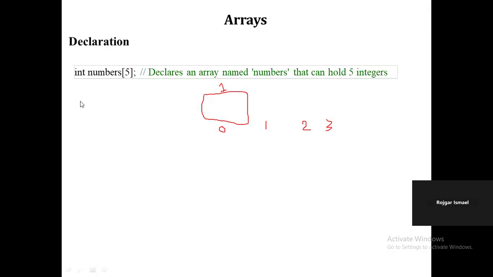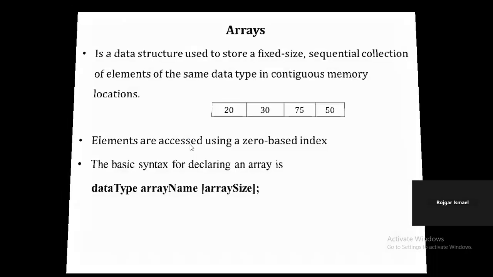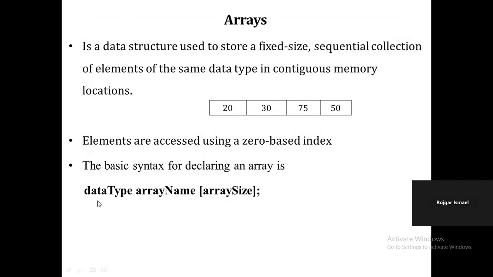Let us see how you can declare the array. If you go back to what we mentioned in the previous slide, we said data type: integer, float, and so on, then array name, then array size.